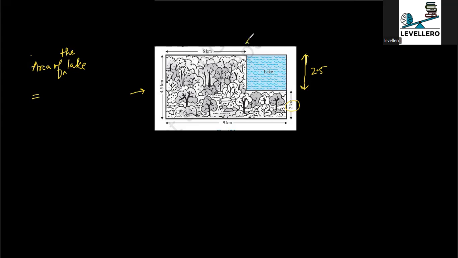And the same way, this length over here is 3 kilometers, which is 9 minus 6, 3. So the area of the lake is 3 kilometers times 2.5 kilometers, which is 7.5 kilometers squared.